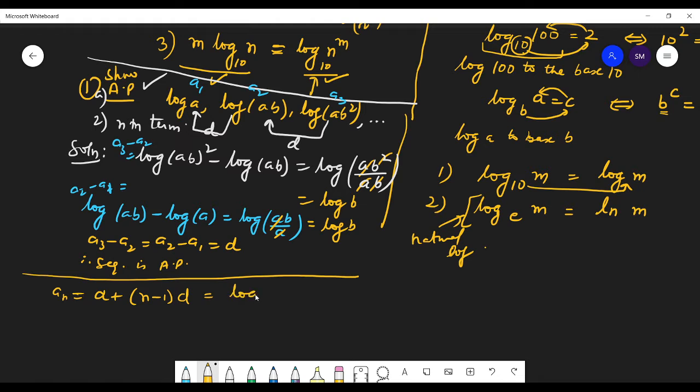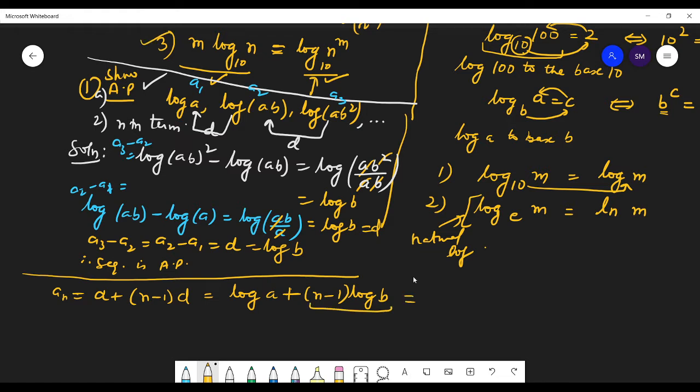Log A. Very good. Log A plus n minus 1, and what is D here, students? D is this log B.